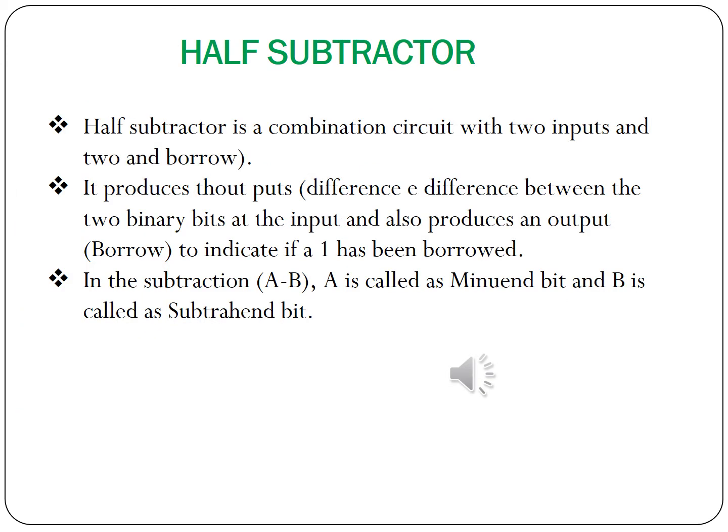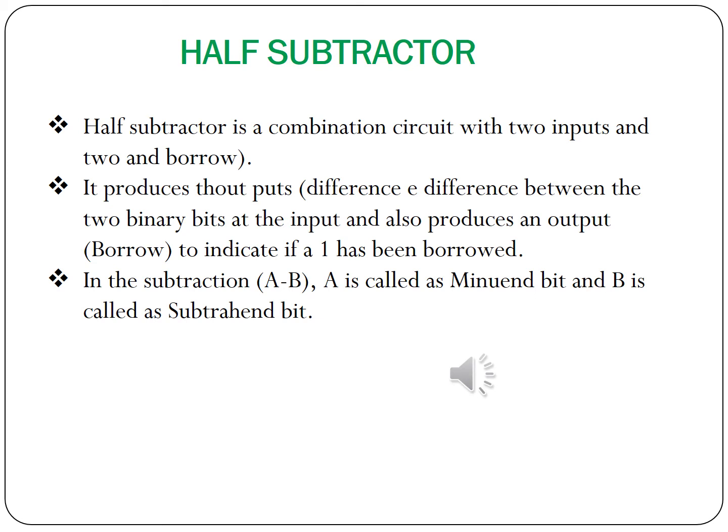Okay, the next topic is the half subtractor. A half subtractor is a combinational logic circuit with 2 inputs and 2 outputs. The 2 outputs are difference and borrow. Both the half adder and the half subtractor are combinational logic circuits with 2 inputs and 2 outputs.